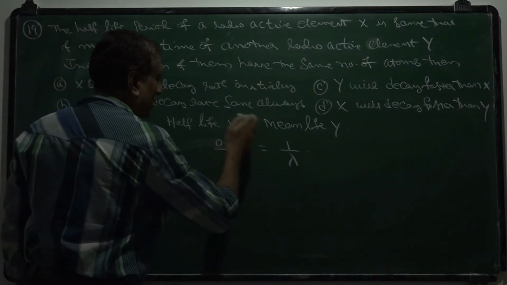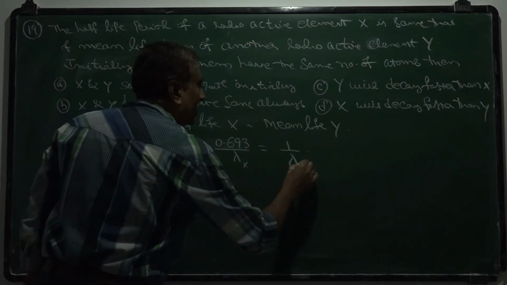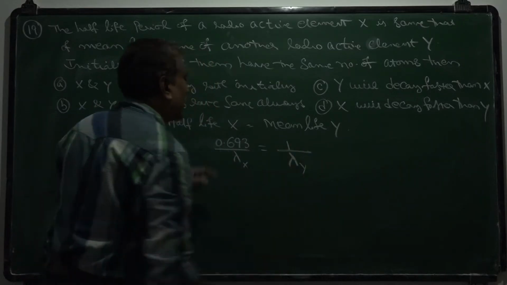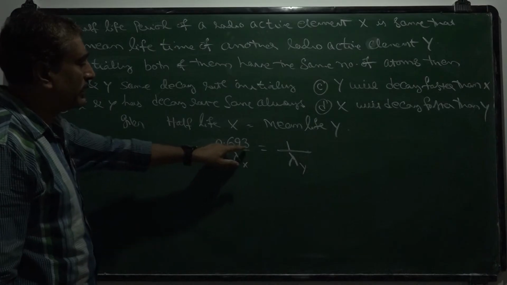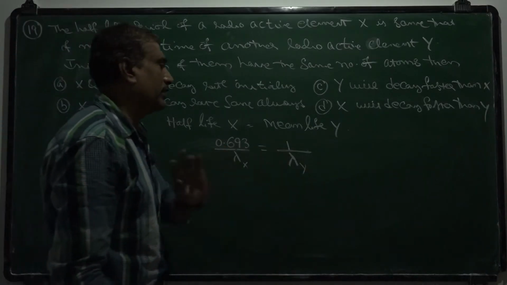But X and Y are different, so the given condition is 0.693 by lambda x, the decay constant of X, equal to 1 by lambda y, the decay constant of Y.